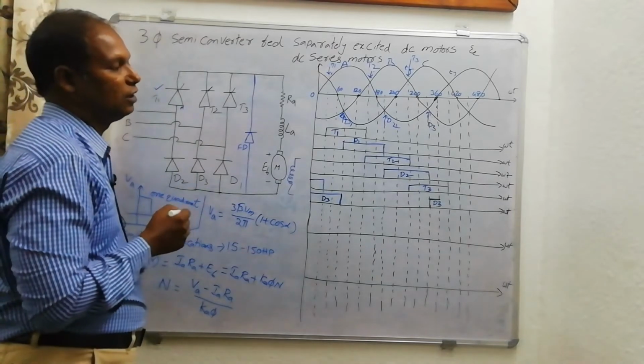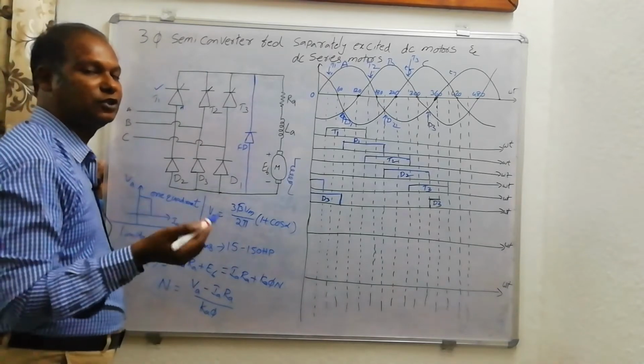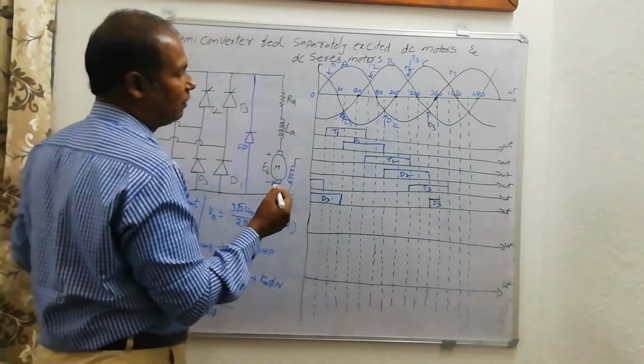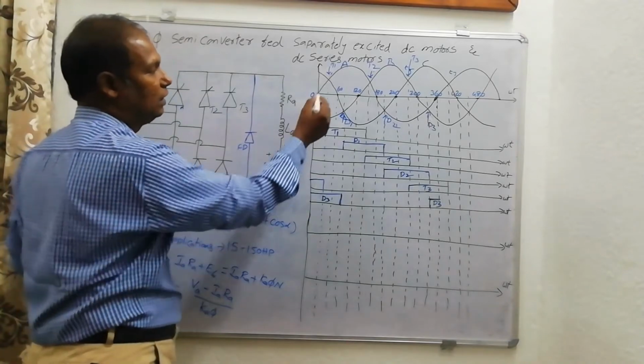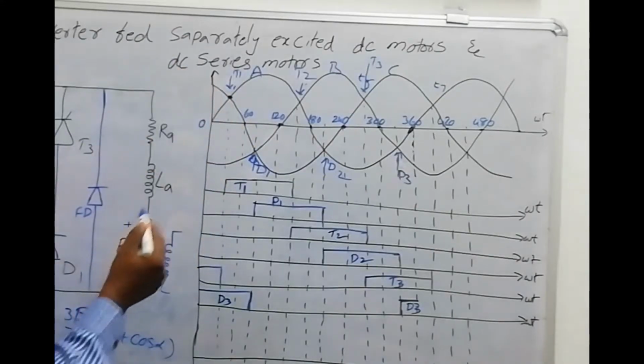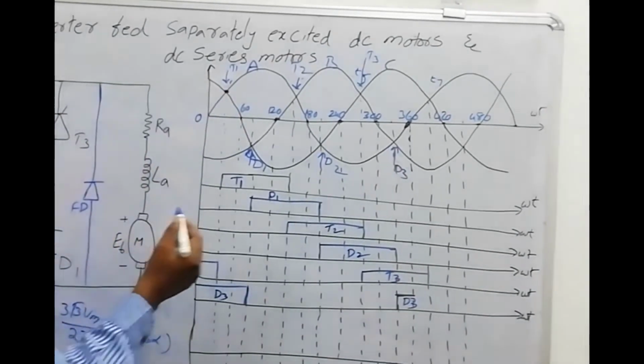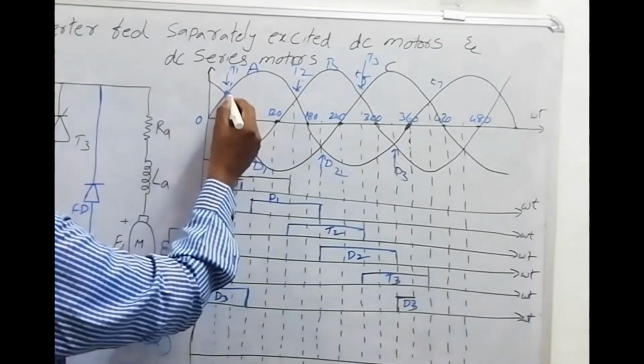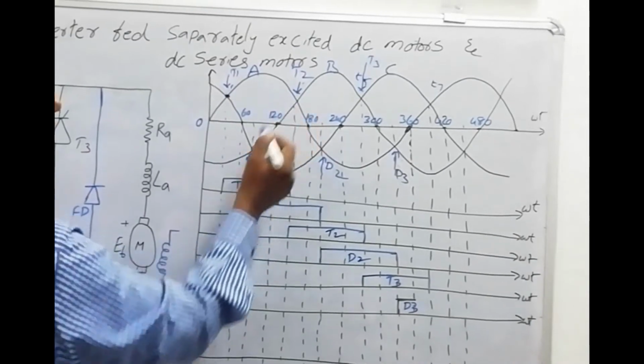Now, first we assume the alpha value is equal to 0. For alpha equal to 0, the SCR will start from this point. So you have to give the pulse from T1 to T3.